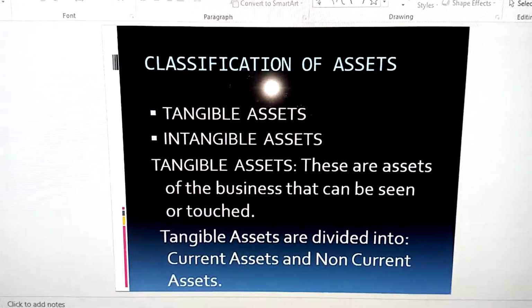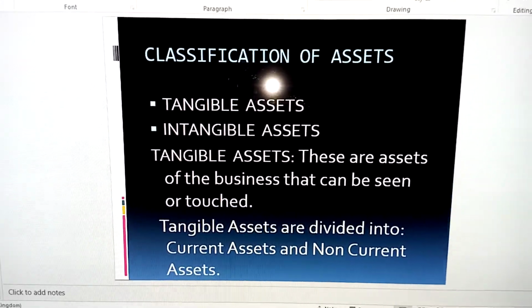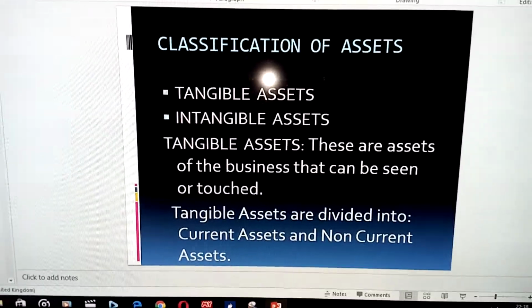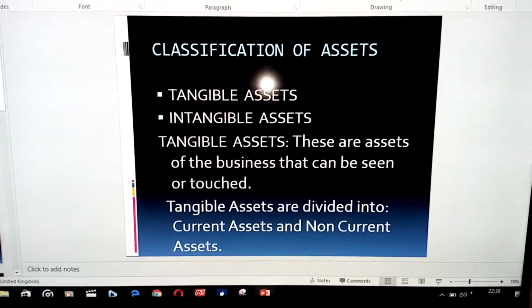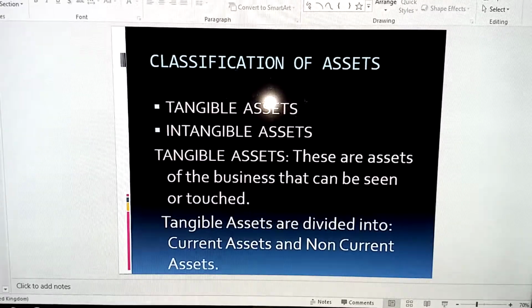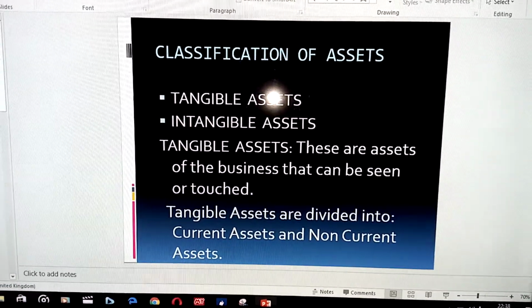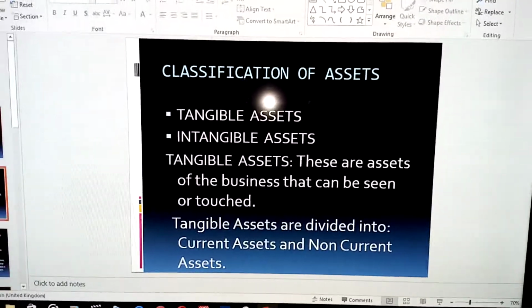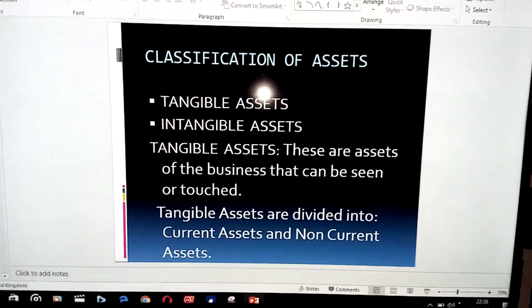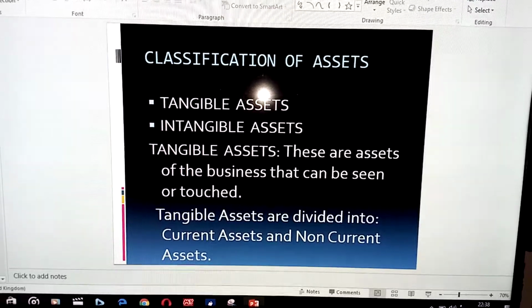Now, having understood that assets are the resources or the belongings of a business, we can classify assets into two: tangible assets and intangible assets.